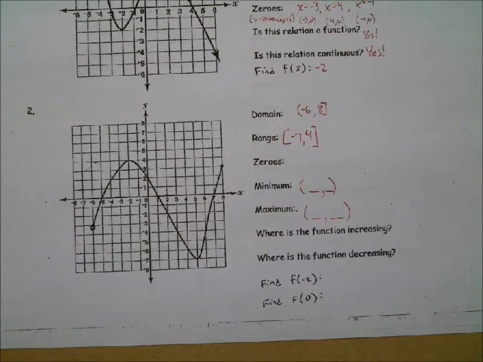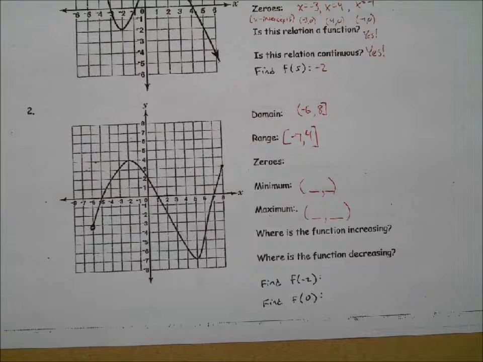Can you point to it for me? Yes, on the curve, exactly, right there. What's the value of the function? The y value is 4. At -2, the value of the function is 4. It's a height of 4. So your answer is 4.